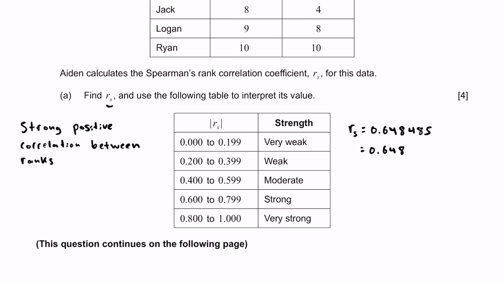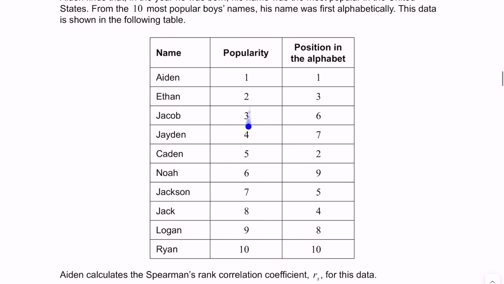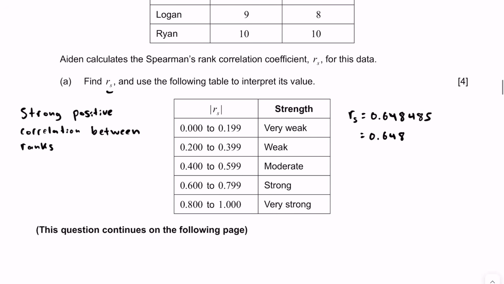And if you wanted to, you could talk about the variables as well. Strong positive correlation between the ranks of, in this case, popularity of names and position in alphabet. But hitting these keywords, strong, and then rank, strong positive correlation between ranks is going to be enough. Okay.